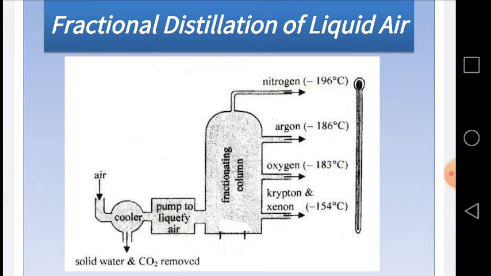The air passes through a tiny aperture where it expands, and its pressure and temperature both fall. The cooled air passes along a counter-current heat exchanger where it cools the compressed air before the latter expands. Eventually, after many cycles, the air cools to the point where it becomes a liquid at minus 200 degrees centigrade.